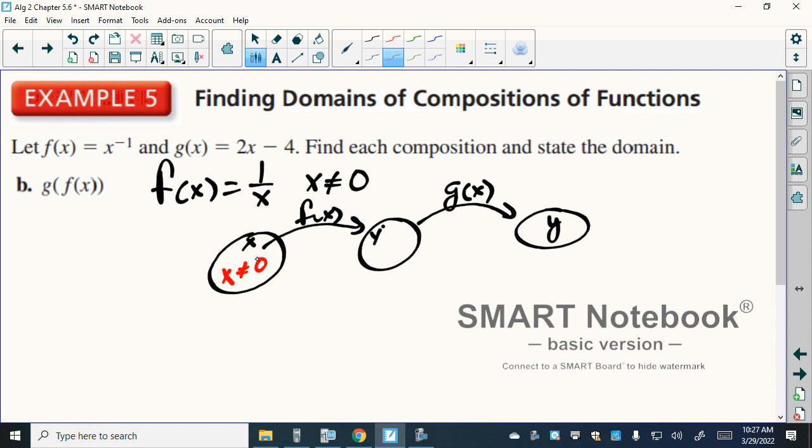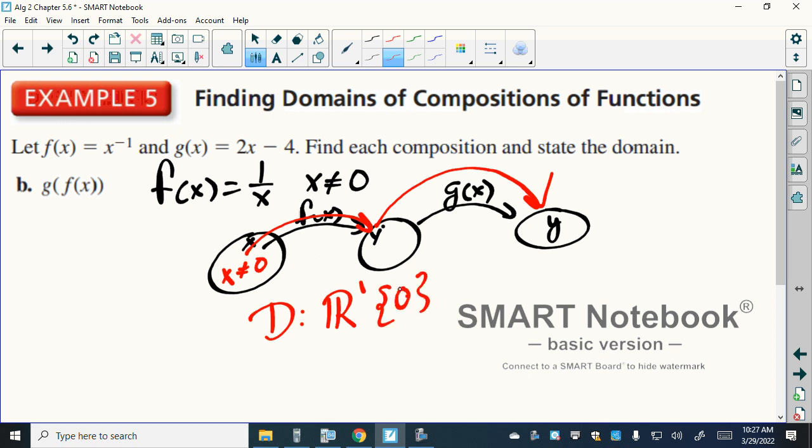That's the only one that has restrictions. It means I don't have to worry about anything else, because that not being 0 means everything else works. All the other values are going to go to y, and all of those are going to go to the final answer. So here, the domain is all real numbers except 0. So that one's a little bit nicer, especially when the restrictions are applied to the function that's being done first. It makes it a little bit easier to see what they are.